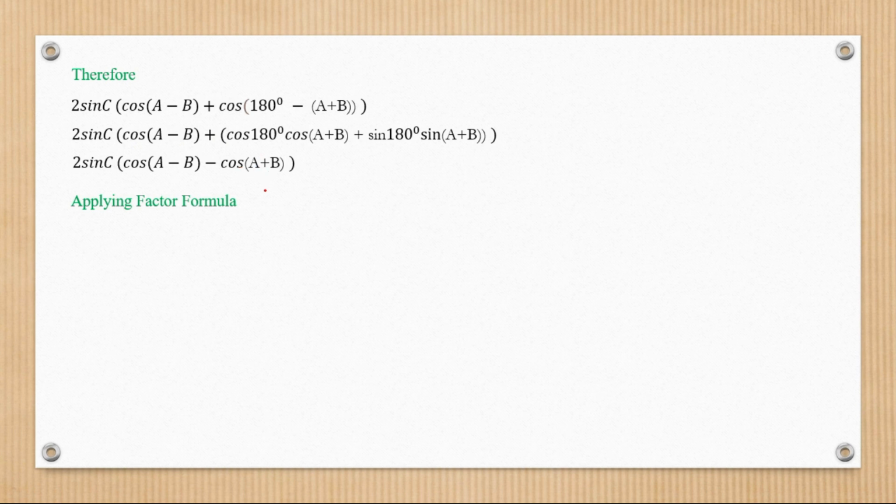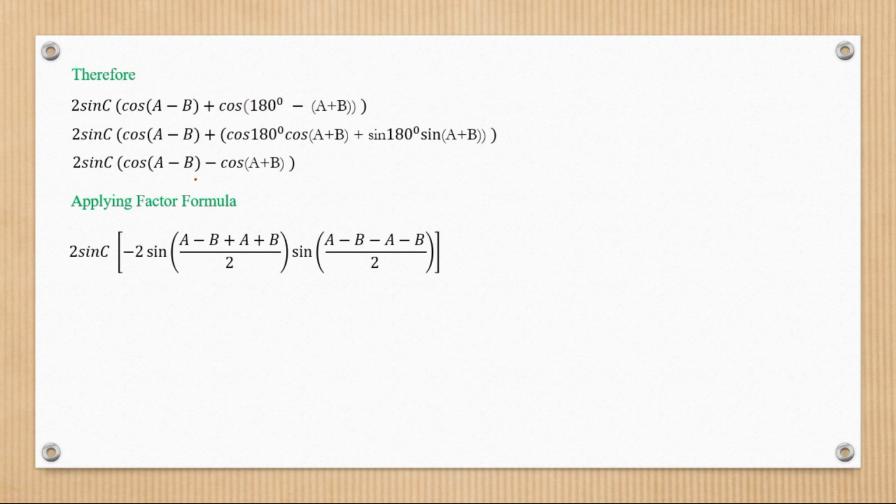So now applying the factor formula to both of these, we know that when you have a cos subtracting a cos, we end up with a negative 2 sine. So we end up with that. We have this value adding this over 2, and then we have this value subtracting this value over 2, just like that. So now we come up with answers. We end up with 2a for this side, then we have negative 2b for this side.